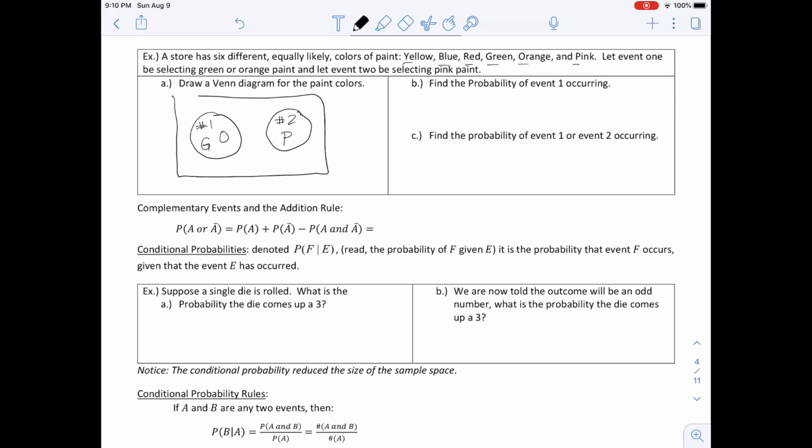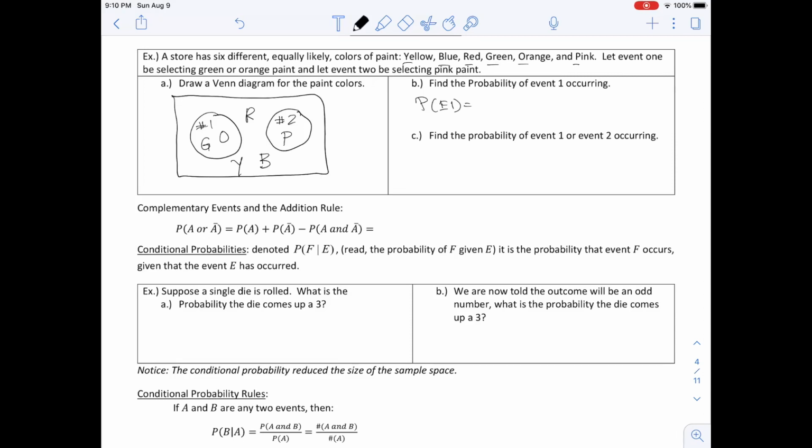Again, I'm going to put a box around this to symbolize our universe that we're dealing with. And the colors that we did not use this time are going to be yellow, blue, and red. And again, those go anywhere outside of those circles but inside the box. So part B says find the probability of event 1 occurring.